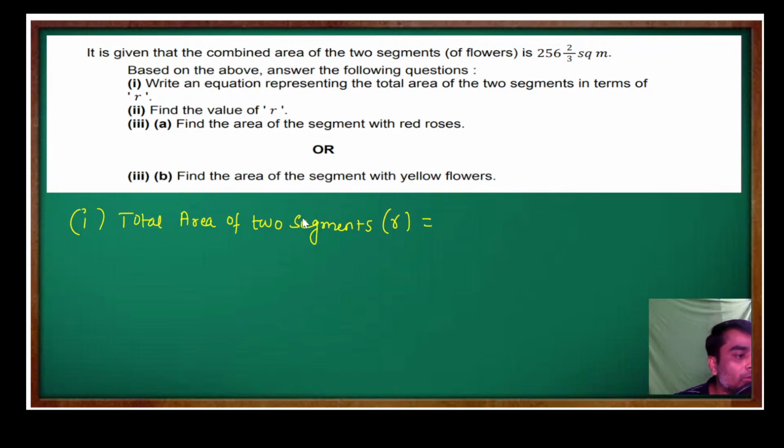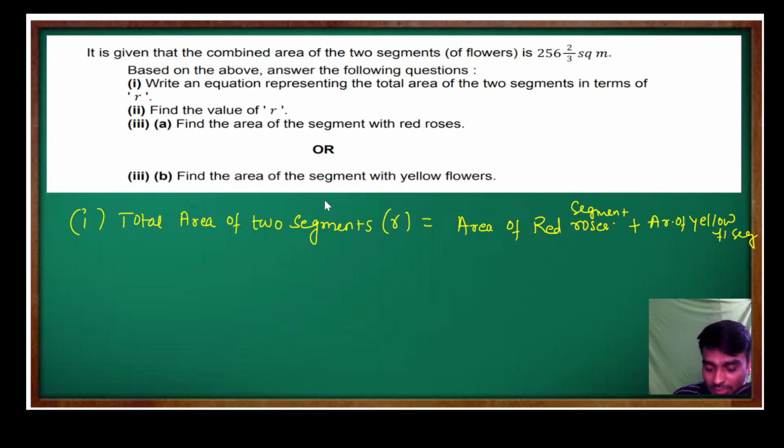What is the total area here? It will be the area of the red roses segment plus the area of the yellow flower segment. This is only the total area, correct?